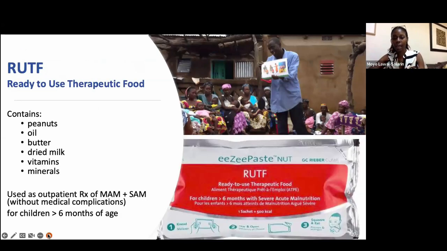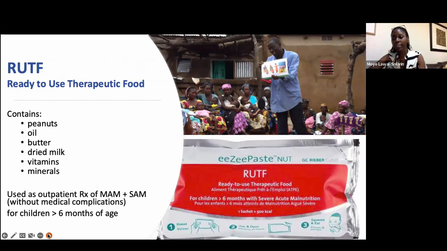So this is our ready-to-use therapeutic food. I'm not sure if everyone's actually seen it, but this is what it looks like. It's really revolutionized the treatment of malnutrition, especially from a community point of view, because it allows caregivers to rehabilitate their children at home, which is really important.